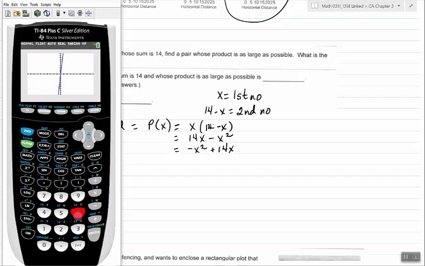And we don't have a very good window. So I will do a zoom. No, I won't do a zoom. I'll do a window. I need to change x max to about, I don't know, 20. And y max, it didn't seem to get close. I'm going to put 100 in there.